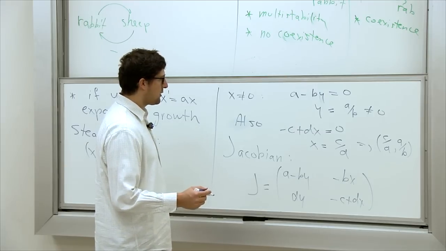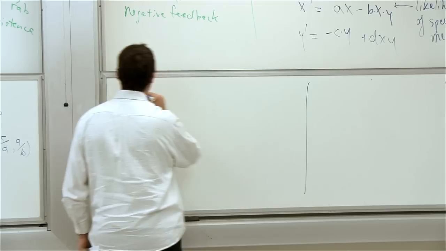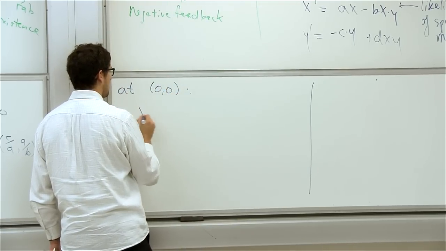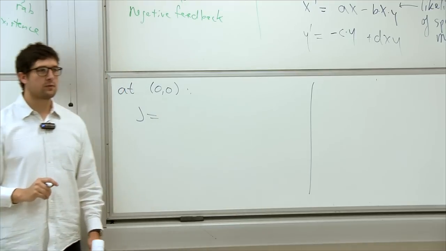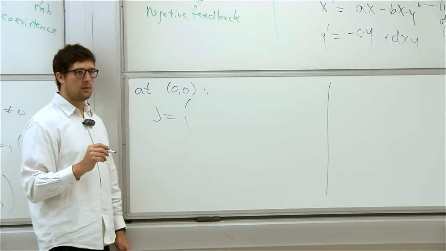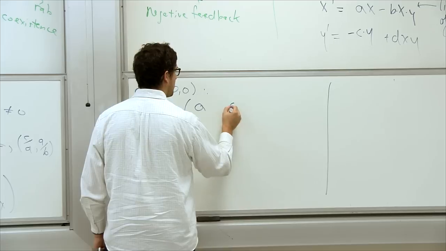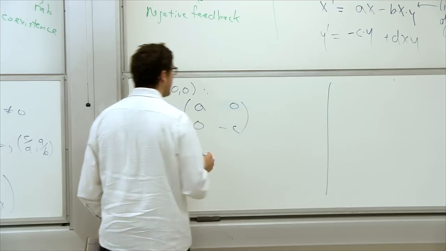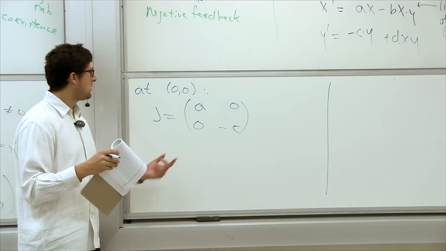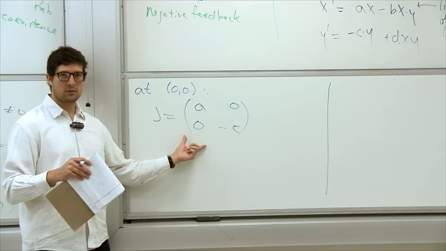Awesome. So let's calculate the Jacobian at the two different steady states we have. So at 0, 0, Nelson, what is the Jacobian? a, 0, 0, negative c. Okay, so let's look at this steady state. Imagine we linearize around that steady state and we're trying to figure out what the dynamics look like.